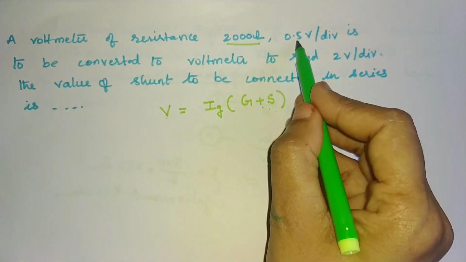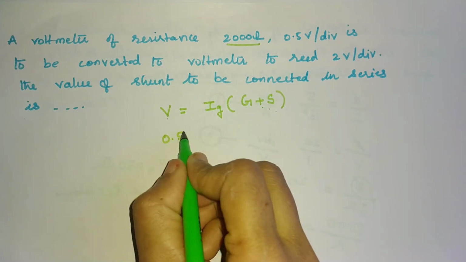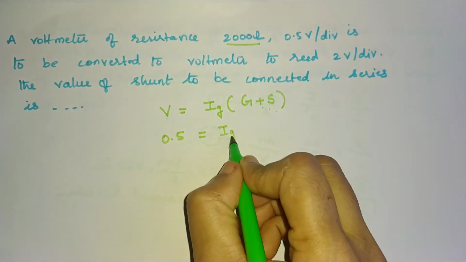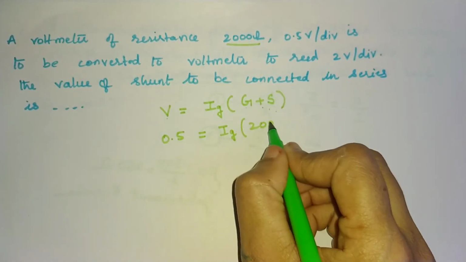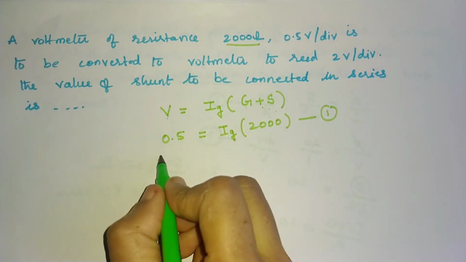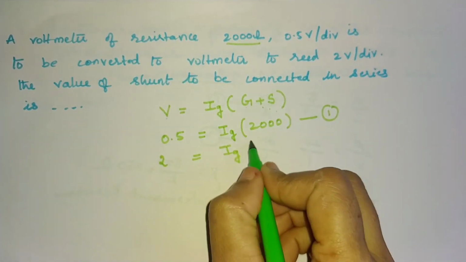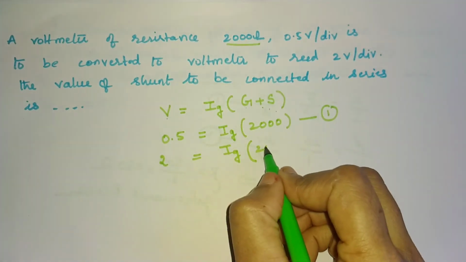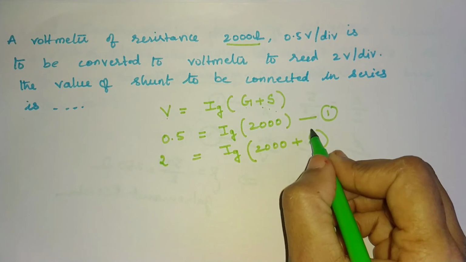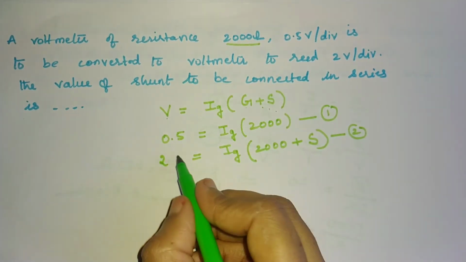The voltmeter was showing 0.5 volts per division, so 0.5 per division should be Ig into 2000. Call this equation 1. We want to change it to 2 volts per division for the same current. So to this existing resistance, we are adding a shunt. Let the shunt resistance be S. Call this equation 2. Divide the two relations.